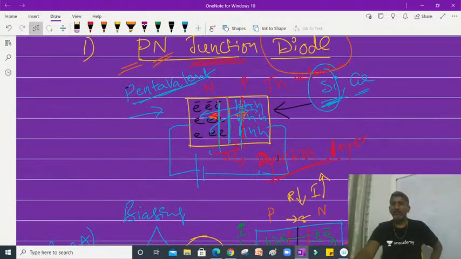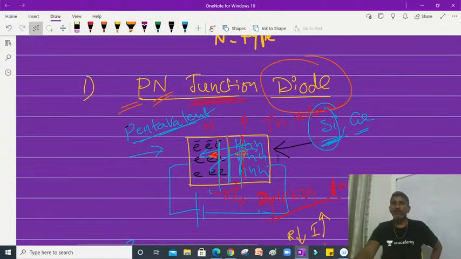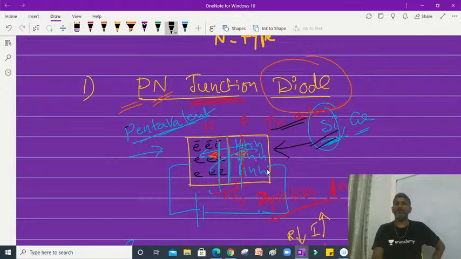PN junction diode is nothing but a semiconductor device which is made from P-type material and N-type material. How to get P-type and N-type material? To prepare P-type material, trivalent impurity is to be added to the pure semiconductor, where holes are majority. N-type semiconductor means electrons are majority, so pentavalent atoms are to be added to the pure semiconductor.